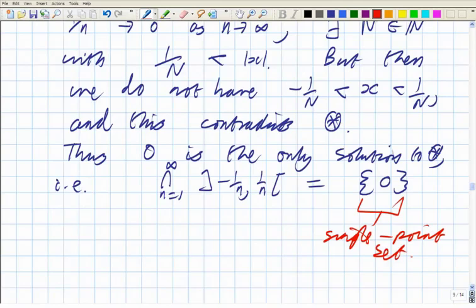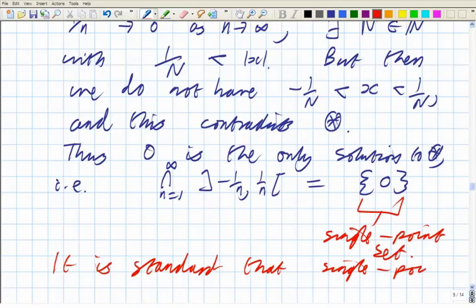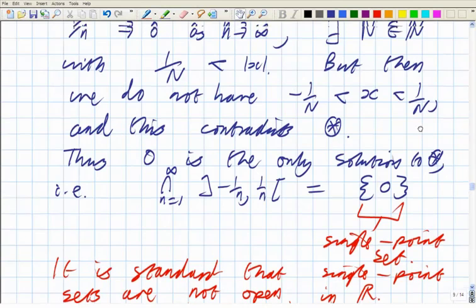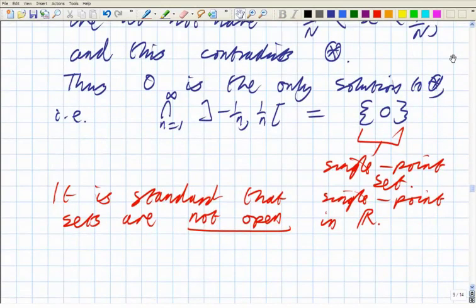And it's a standard fact. We've already got this. A single point set is not open. We did that before, well, we mentioned it before, or you can check for yourself.